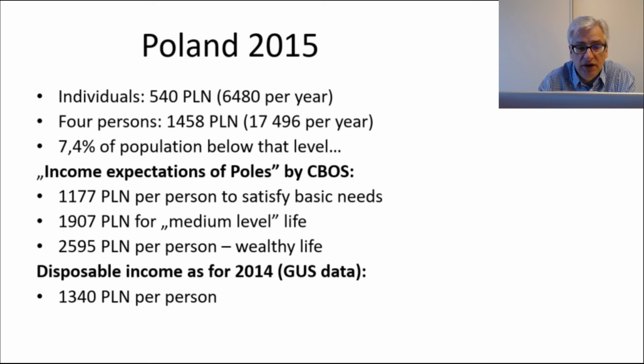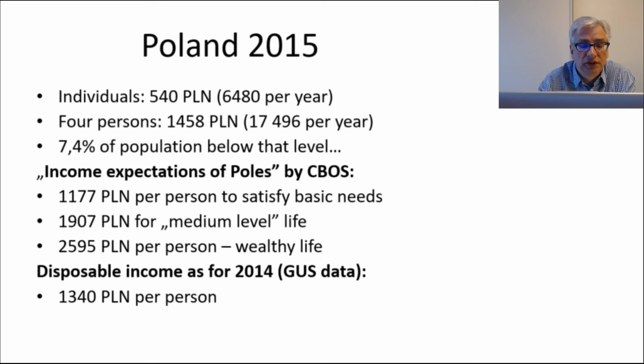As you can see, this is pretty different from the poverty line that you can see at 540. Nearly 2,000 per person per month is sufficient for a medium-level life, according to respondents. According to them, 2,600 per person means a wealthy life.